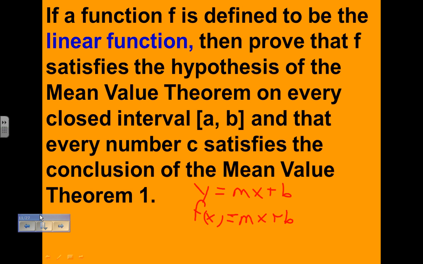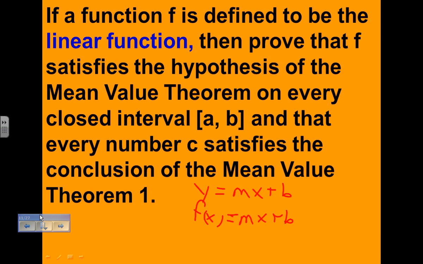I change y to f of x. Now, it's a polynomial, so it's continuous. It's also differentiable because there are no fractional exponents. The fractional exponents are what give you fits in equations. So, that satisfies the hypothesis.